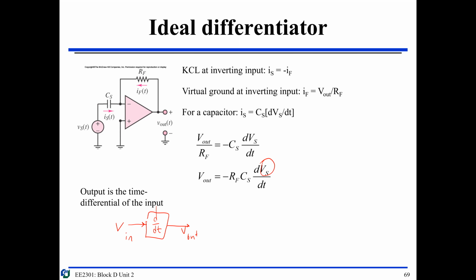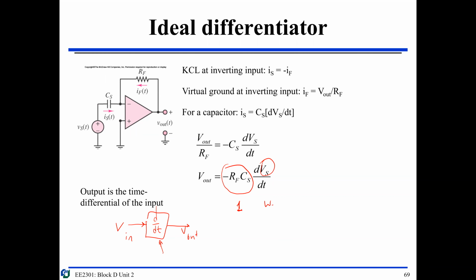So this is an operator, right? Don't worry about the negative sign and also the coefficient. You can always assume this is 1, like you are doing here.